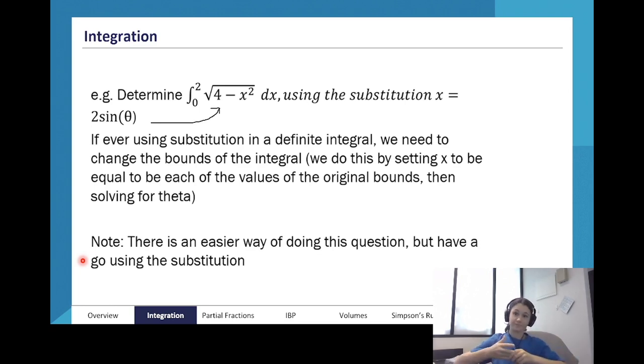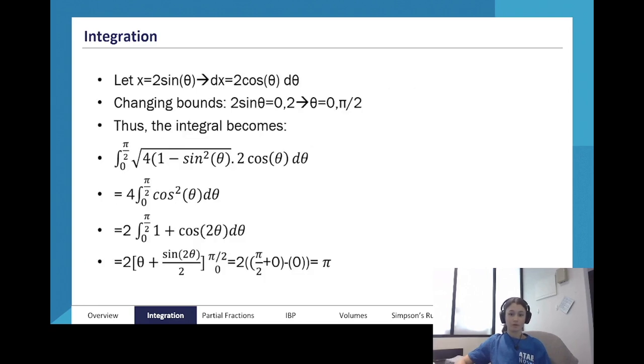Okay, so over here we have the solution for this question. We have x equal to 2 sine theta, and then of course we are going to differentiate x with respect to theta to get dx d theta.